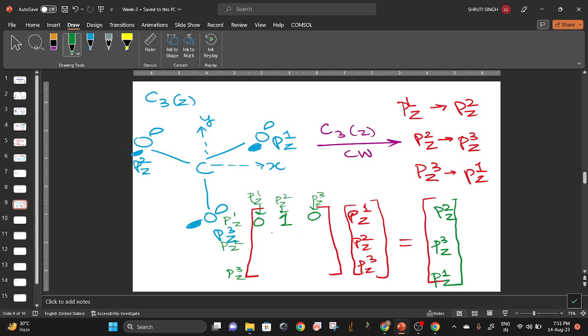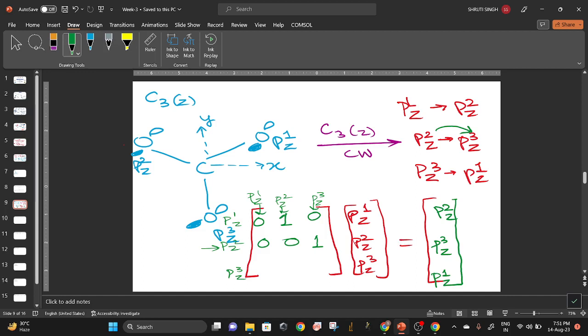So now we have to check how pz2 is transforming. We have already seen that pz2 is becoming pz3. So we will go in the row of pz2, this row, and we will mark 1 for the pz3 column, because 2 is becoming 3 and others will go to 0, because there is no mixing.